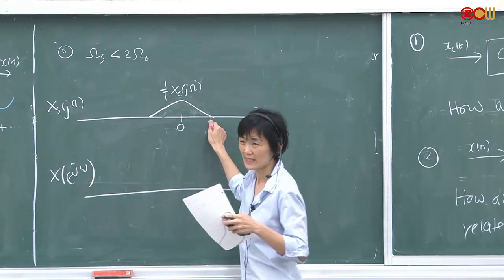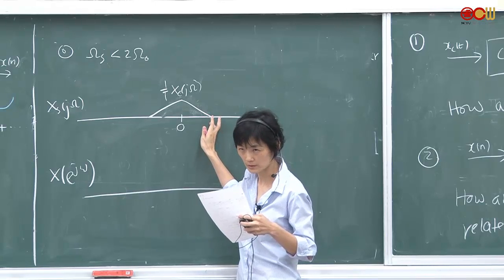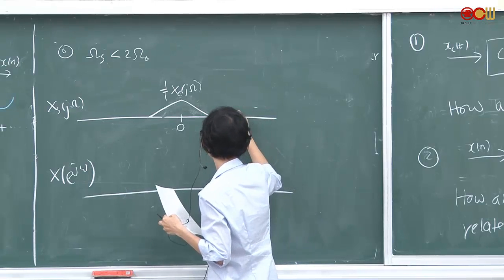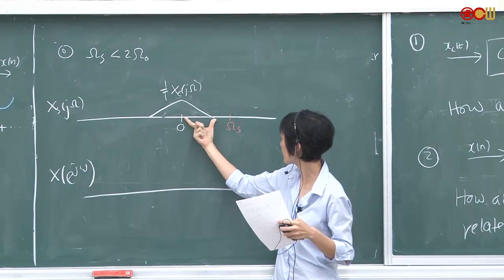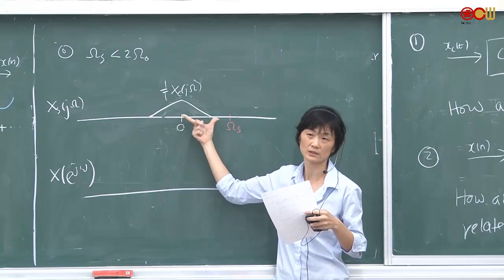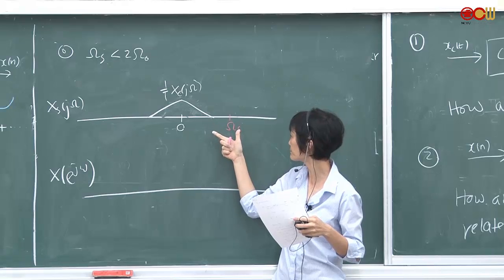But this time omega s is not larger than 2 times omega 0. Let's say omega s is right here. This is a half, so this is not 2 times this one. It's not the width of this one, so it's not big enough.